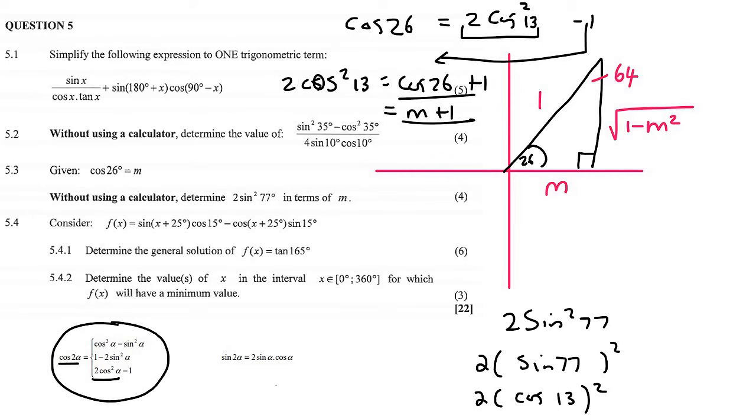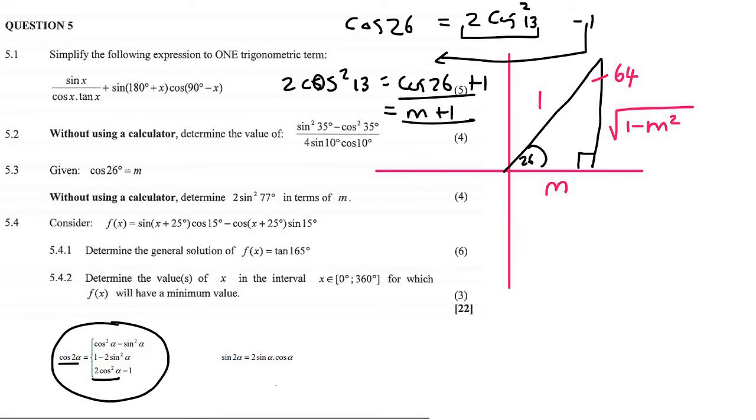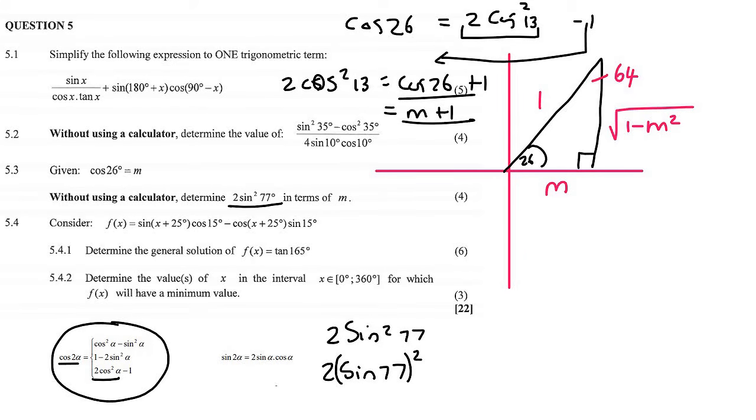Now let me summarize what we just did there. We didn't need a triangle after all, but sometimes you do, sometimes you don't. So it started off by asking us 2 sin squared 77. So I then changed that to 2 times sin 77 squared, just to make it a bit easier to understand. Then I changed the sin 77 into cos 13 squared.